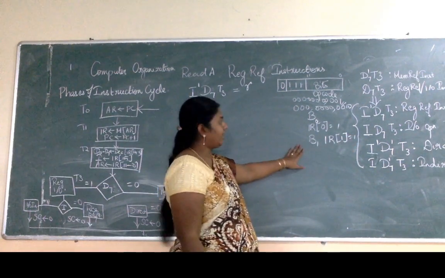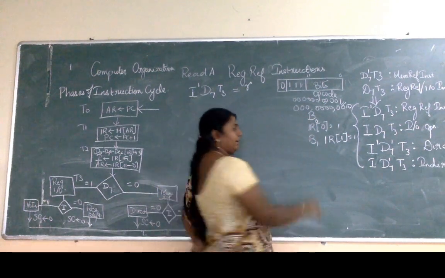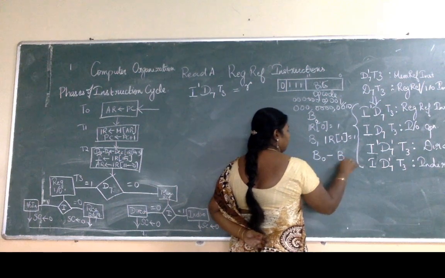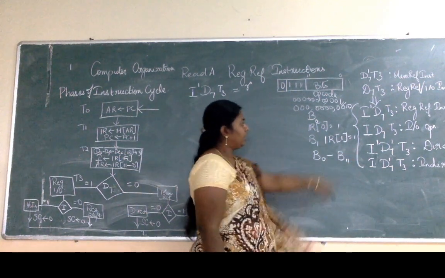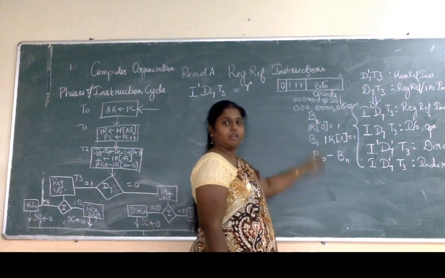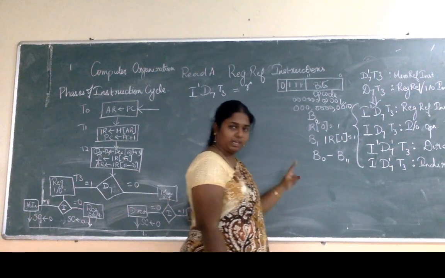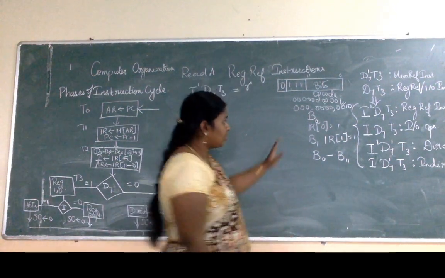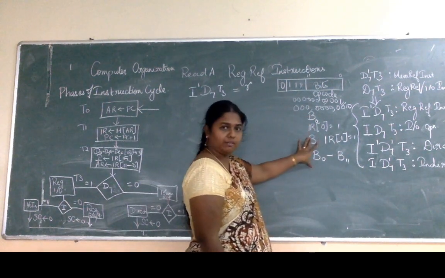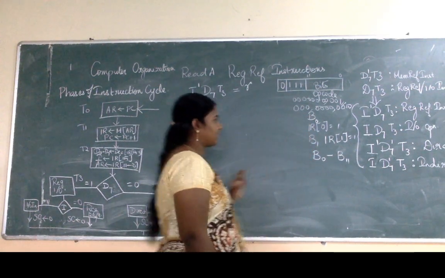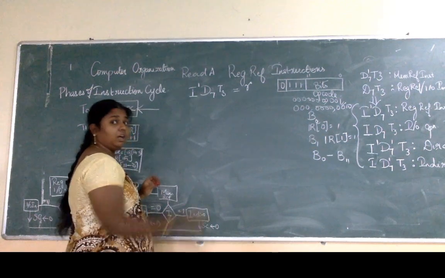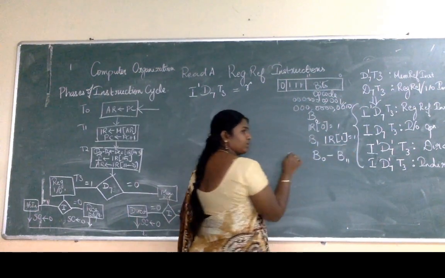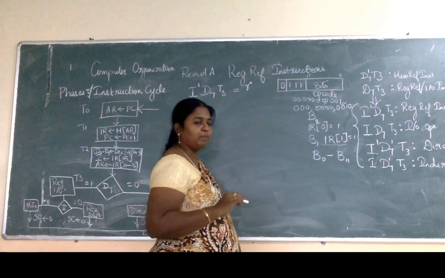This way, I have instructions specified by B0 to B11, which are indicated by placing 1 in that respective position of the instruction register. Instead of using the corresponding bit of the instruction register, I am going to use the notation B0 to B11.